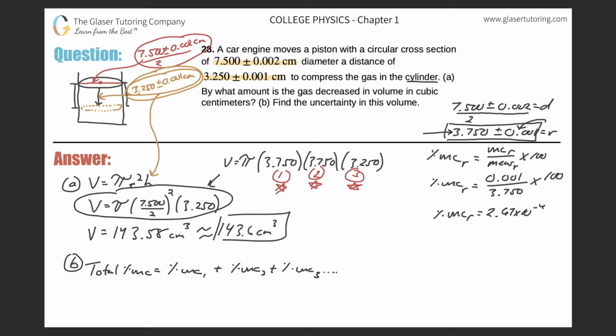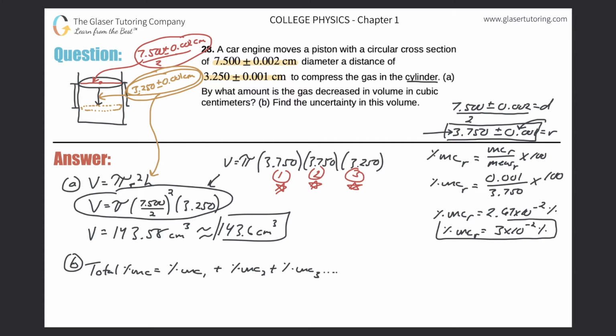Let me backtrack, so it should be to the minus 2 percent. Now go back and look at your calculation. There's only one significant figure in the numerator, so my answer cannot have more than one significant figure. So the percent uncertainty associated with the radius should be equal to 3 times 10 to the negative 2 percent.